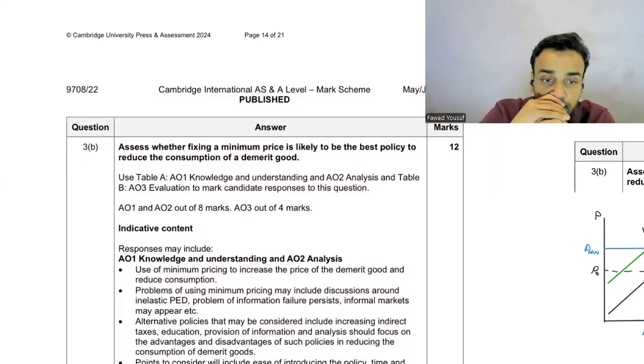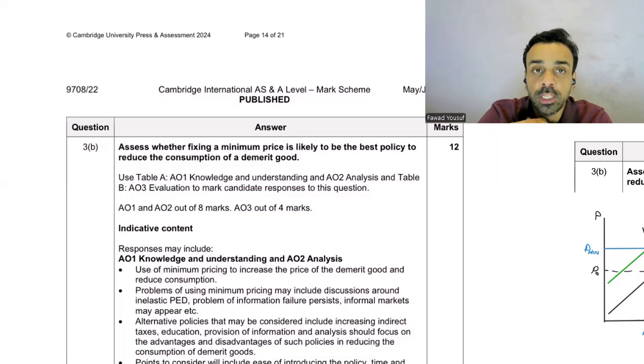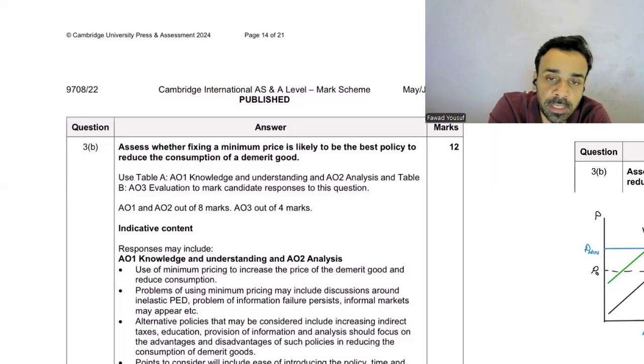There is a problem with all of this. If you end up writing all of this, the problem is you're really not answering the question. I don't think मैं तुमको level 1, 2 marks से ज्यादा दे सकता हूँ, even though तुमने बहुत अच्छा, तुमने सारी अदर पॉलिसीज को एक्सप्लेन कर दिया.